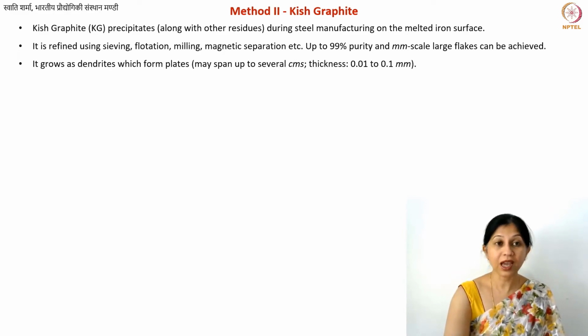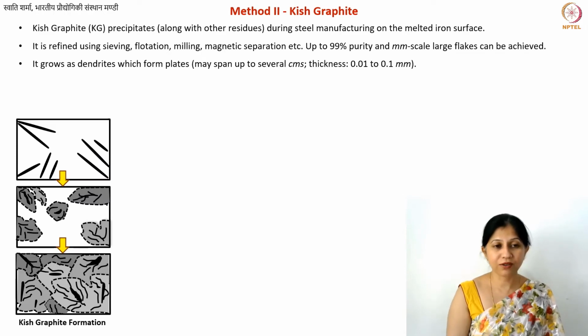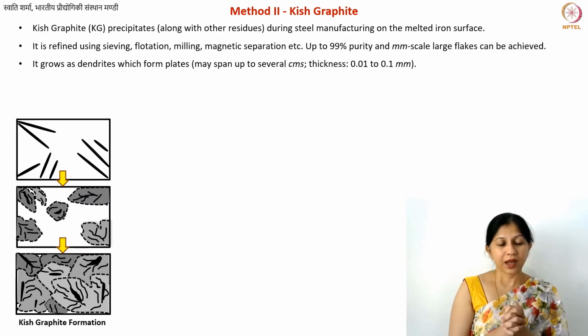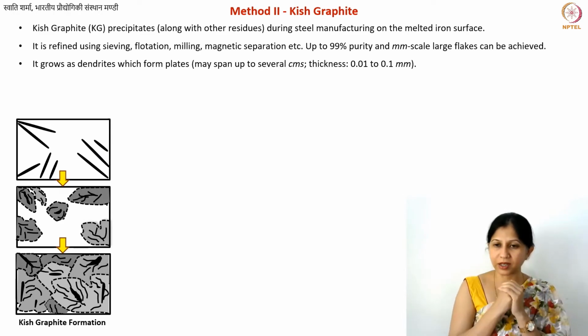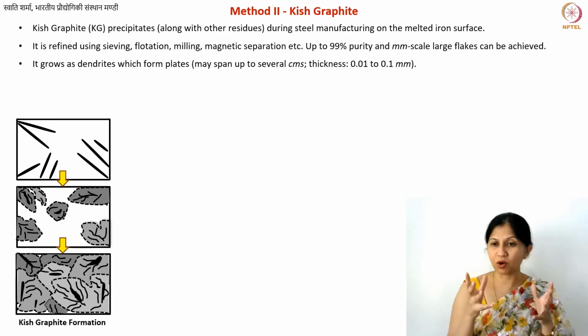Now, how does it grow? I have shown it here in this picture. You have nucleation of certain dendrites, and dendrites are crystal structures which grow in 2 dimensions. Most of the flakes grow in this form.